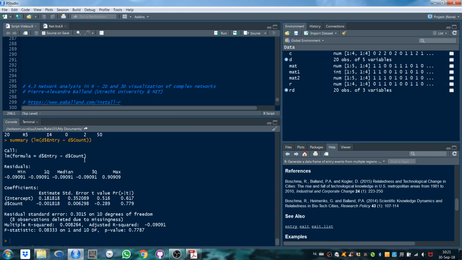And if I run a little econometric model using the summary function, regressing entry on count, a very simple basic econometric model, what I have here is my coefficient to estimate the impact of relatedness on entry. More or less, what we found in the literature is that if you increase relatedness density by about 10%, the probability of entry increases by about 40%. So it's virtually always significant. That's what we call the principle of relatedness, and the impact is very, very strong.